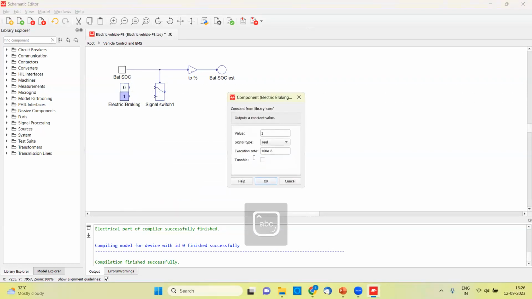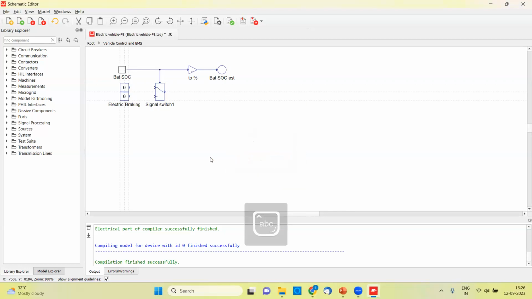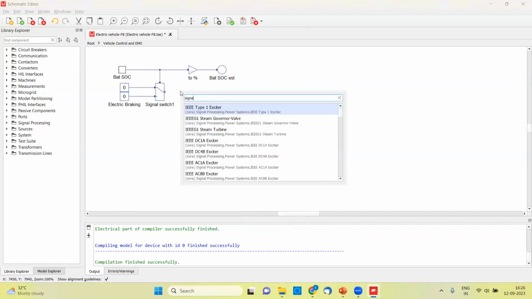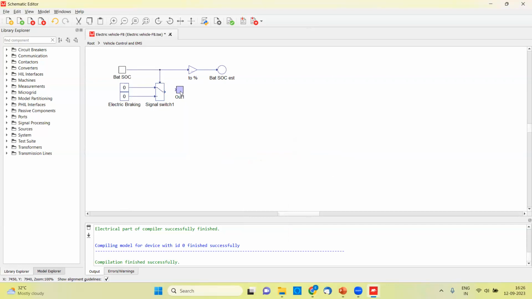Again, this will be 0 and TS, and I'm just connecting it with the signal switch. Over here, I'm having one signal output port. So this is a brake force.